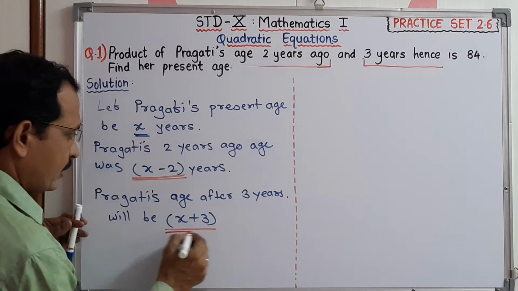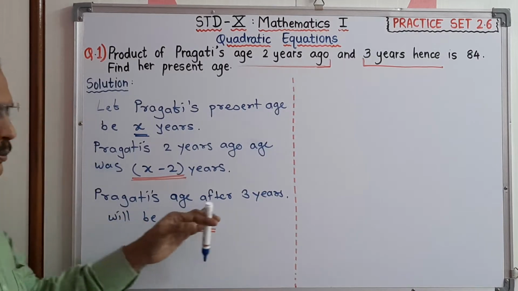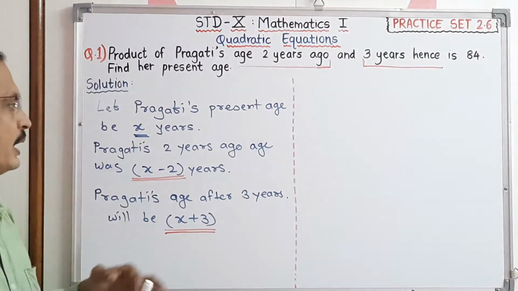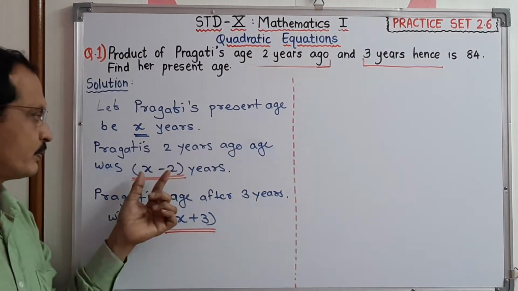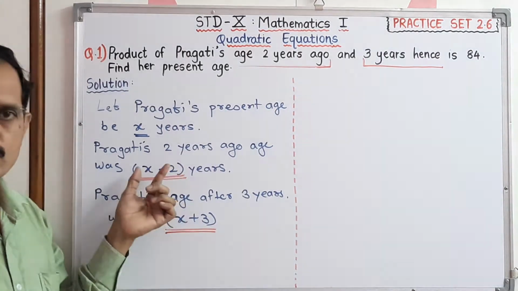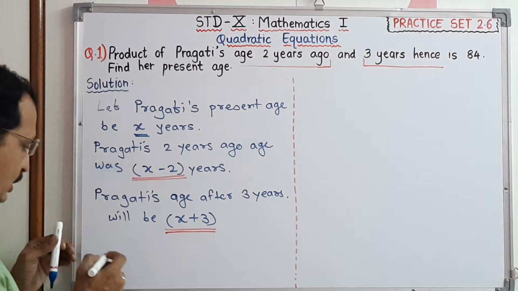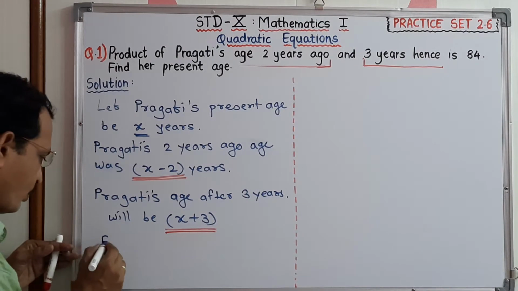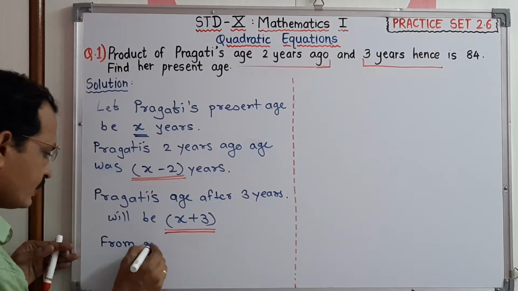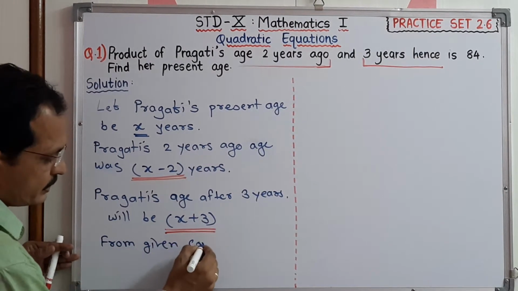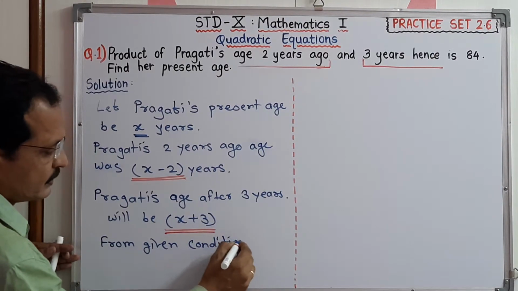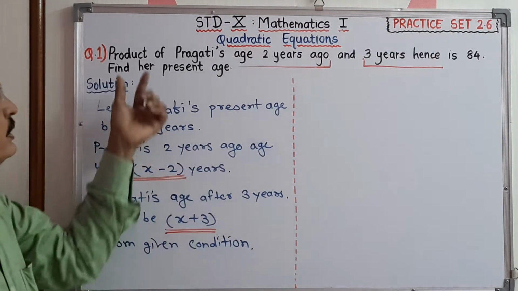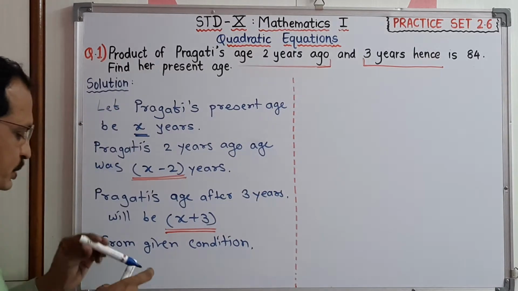We have to add after, therefore we add 3 years, and 2 years ago, therefore we subtract 2 from today's age. Now we have to write here from the given condition. What is the condition? Product of these two.